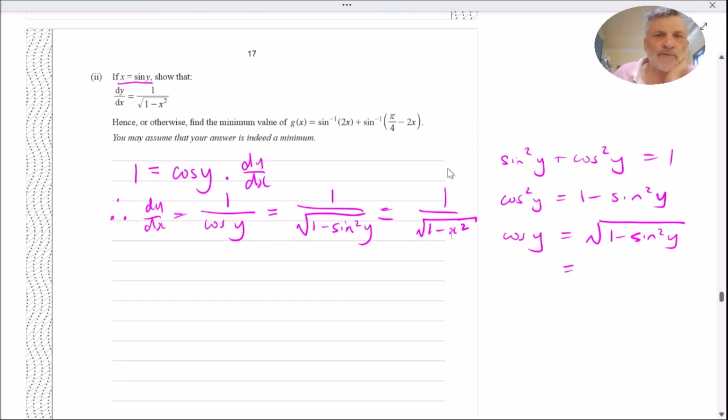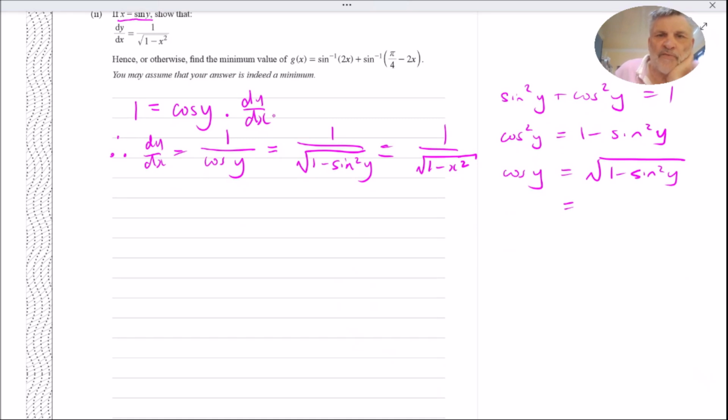Hence, or otherwise, find the minimum value of sine inverse of 2x plus sine inverse of pi over 4 minus 2x. To find a minimum, we differentiate. Differentiate sine inverse, we get this thing here, but we've got an argument of 2x, so we need to replace the x by 2x.